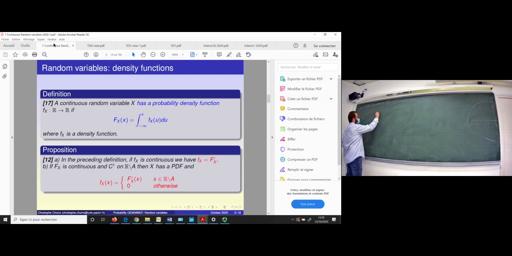So I am interested in F_V(x), that is the probability that V is less than small x, that is the probability that 1 over x1 is less than small x.